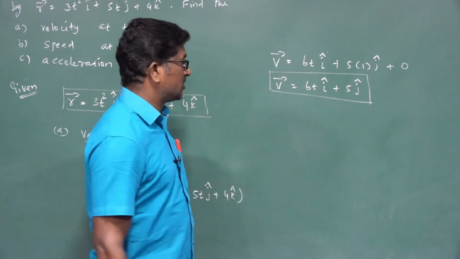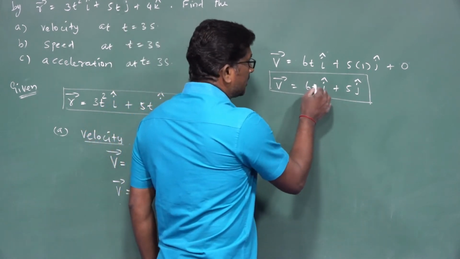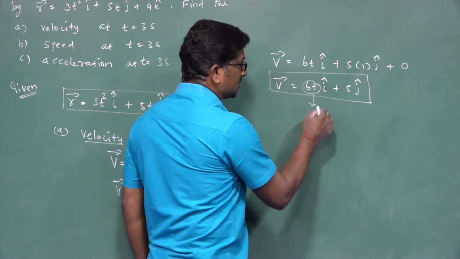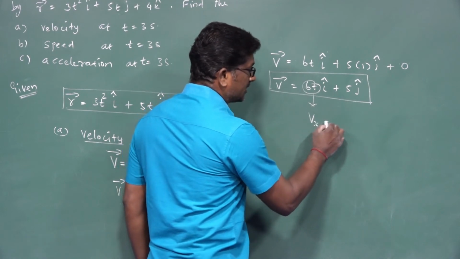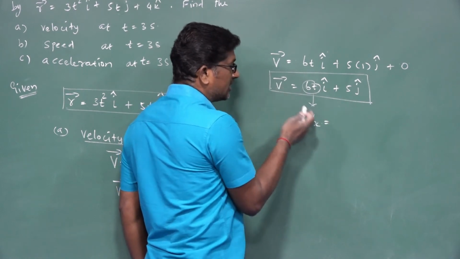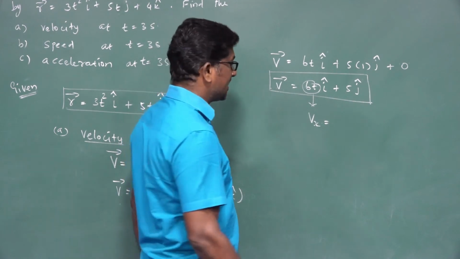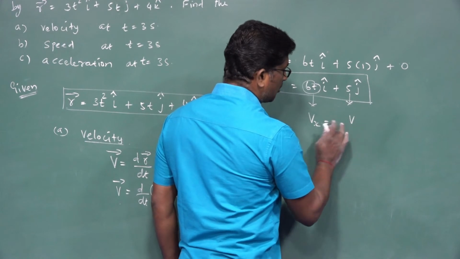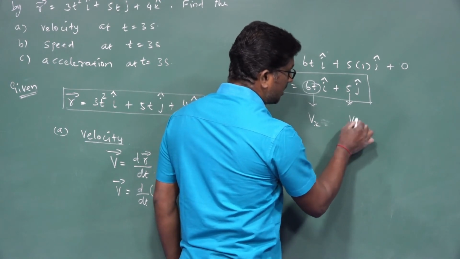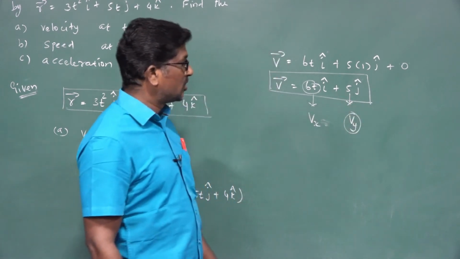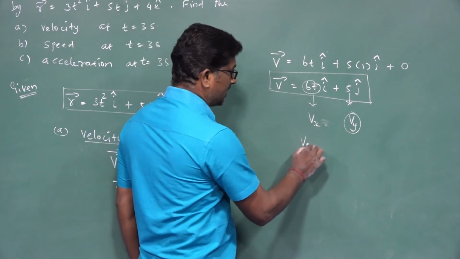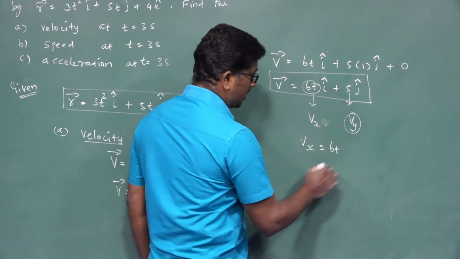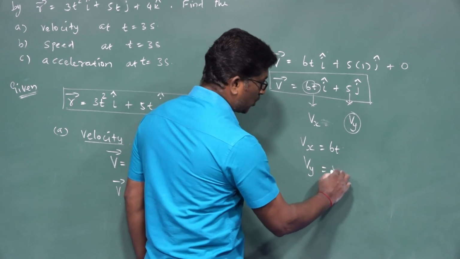So this is the velocity of the particle equation, time dependent velocity. Here, what is 6t? 6t is the scalar component of the v vector along the x-axis. 5 is the scalar component of velocity along the y-axis. That is, vx is equal to 6t and vy is equal to only 5.